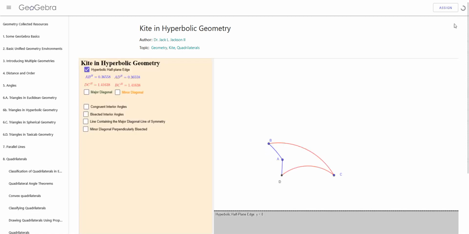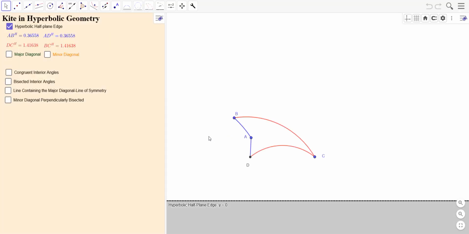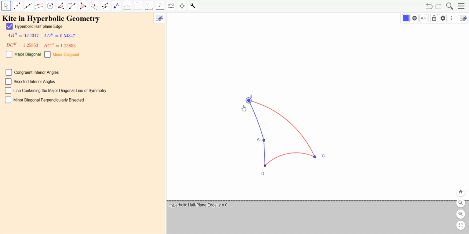If you're following along with my videos, in the last video we proved properties of kites for Euclidean geometry, and the proof was exactly the same for hyperbolic geometry. We used the same steps. So notice this is the same basic setup, and it's constructed the same way that we did a kite in Euclidean geometry.